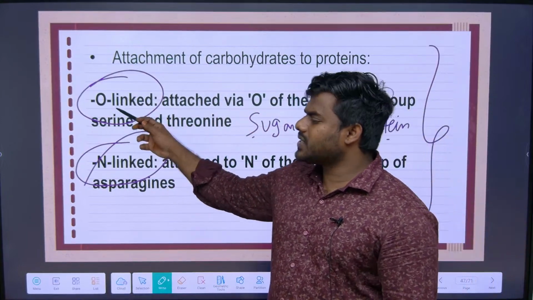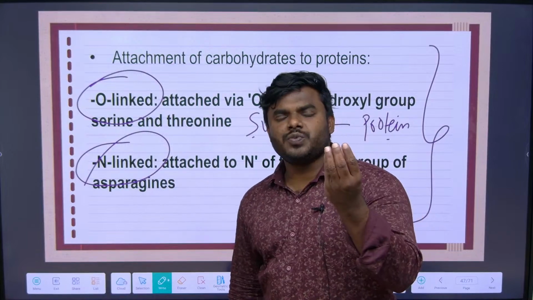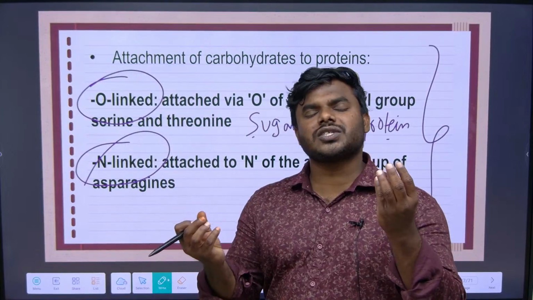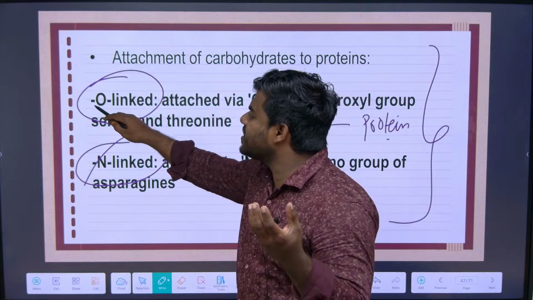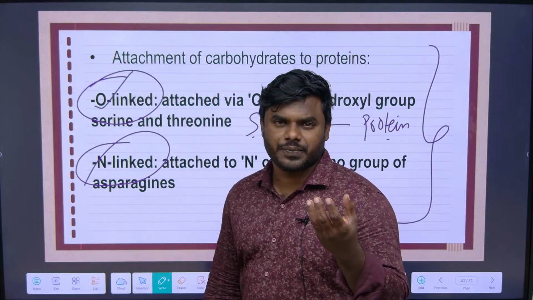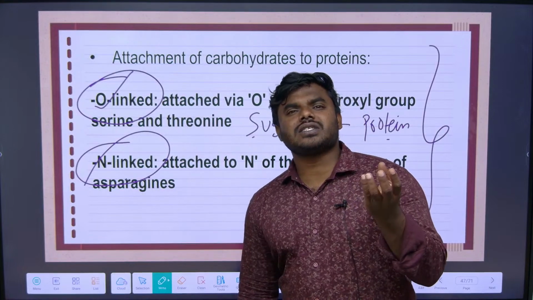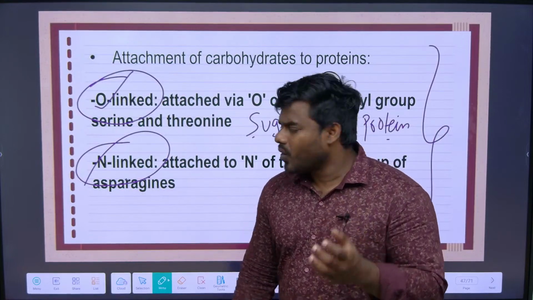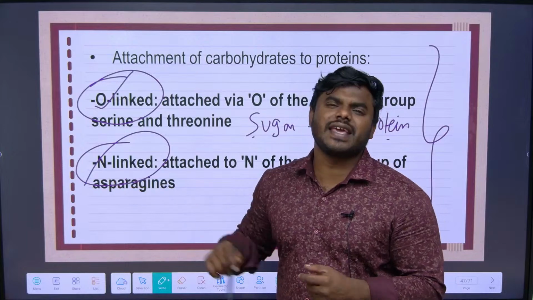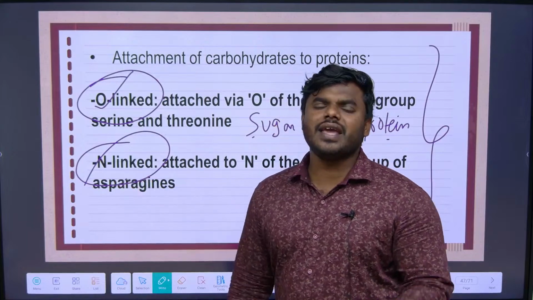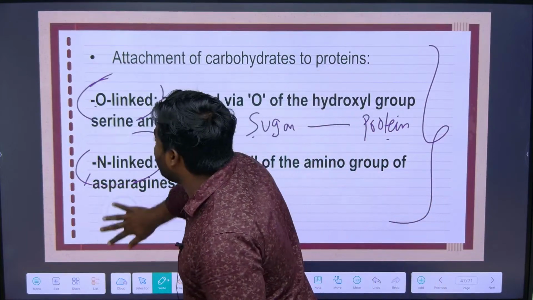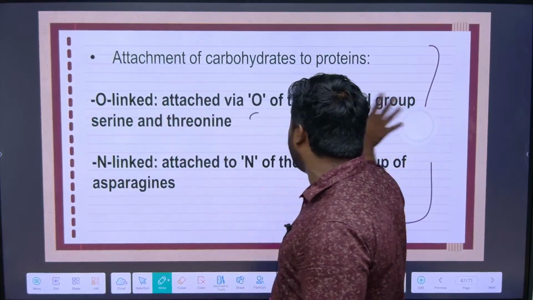Why do we call it O-linked glycosylation? It means sugars are attached to the protein via oxygen as their major linkage. And what is called N-linked glycosylation? Sugars are attached to the protein via nitrogen linkage. That's why we call it N-linked glycosylation. What kind of questions can you expect in the exam?